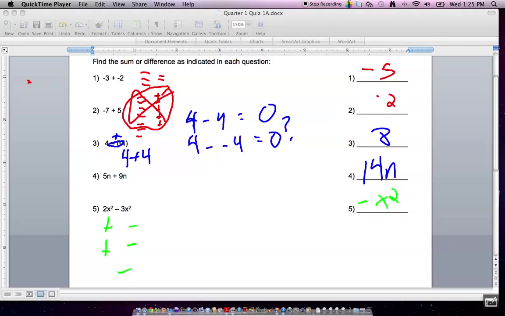Now, look at this. This is extremely important. Ready? Watch me now. Put your pens down. Look at me. I know that's hard, but please look at me. Numbers, what? Numbers. Numbers end up as numbers. X's end up as X's.